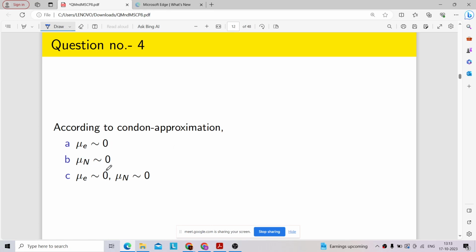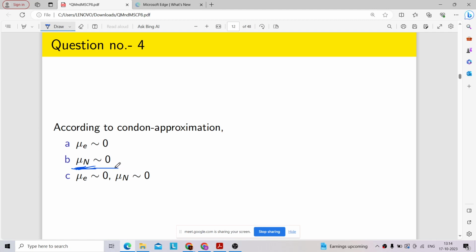The approximation we use is to approximate the electric moment of nucleus, because the electric moment of nucleus is very small compared to the electric dipole moment.